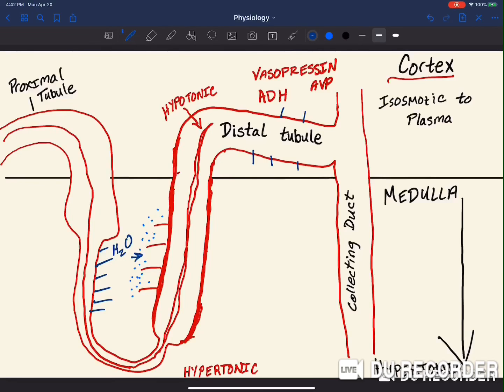So then once the ADH acts on the distal tubule and the collecting duct, it's going to open up those pathways for water to go through, and then water will act on the laws of osmosis at that point. And so water will leave the distal tubule, or it'll leave the collecting duct. And at that point, you'll get more concentrated urine because the body is trying to reserve that water.